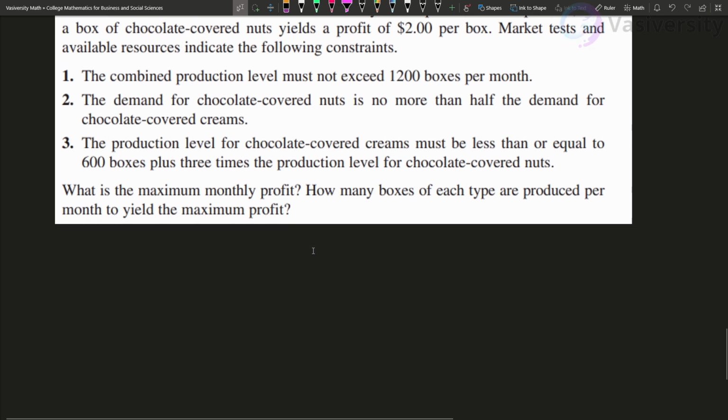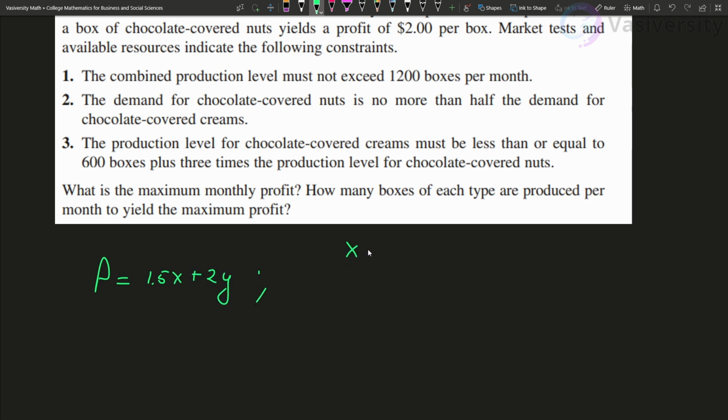We know that our objective function is as follows. What's going to be our combined profit? It's going to be 1.5x plus 2y, right?